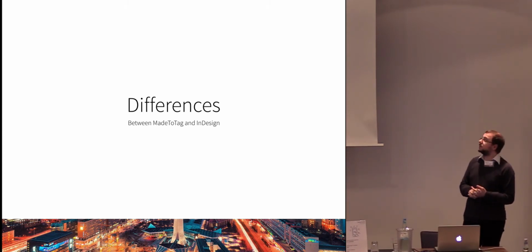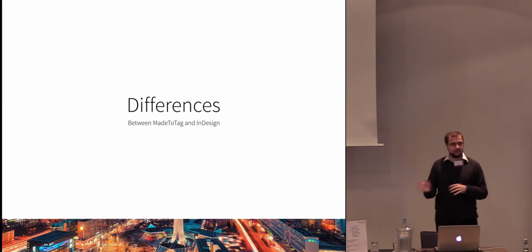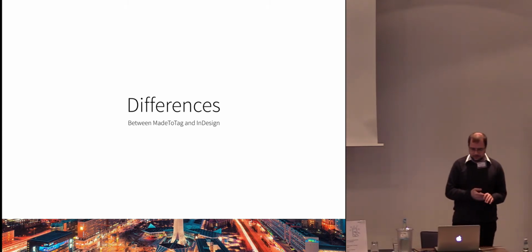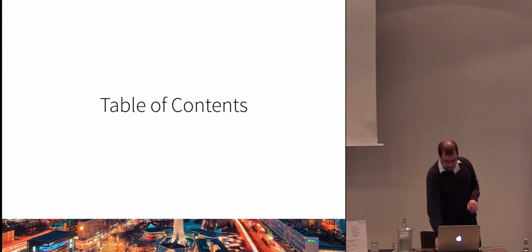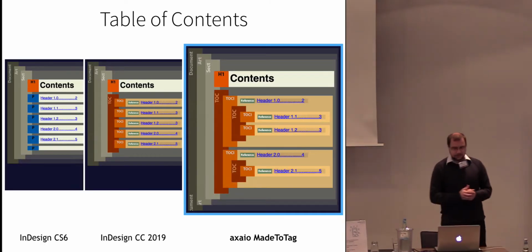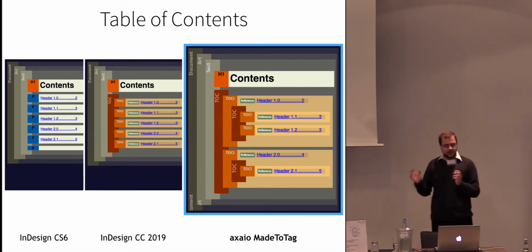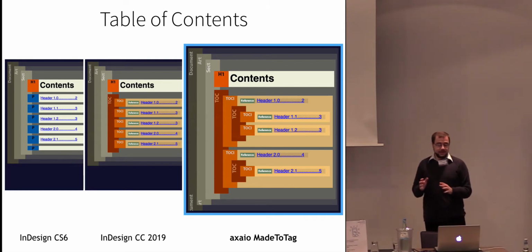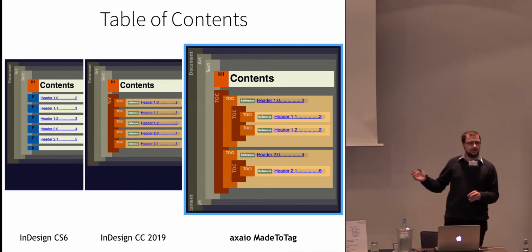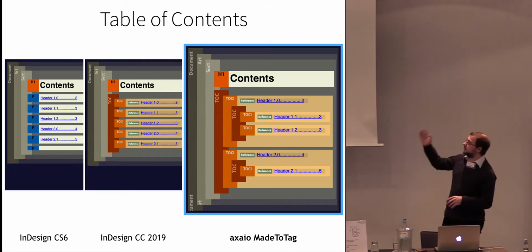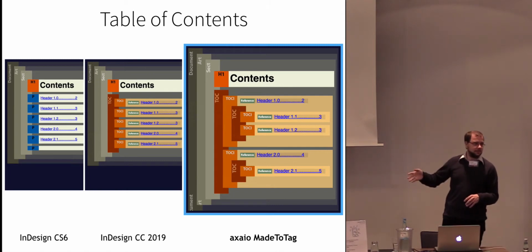I will now come to the differences between MadeToTag and InDesign. So one, for example, is a table of contents. If you export a table of contents in InDesign CS6, which is pretty old, you won't have a table of contents. You just have a list of links and paragraphs.